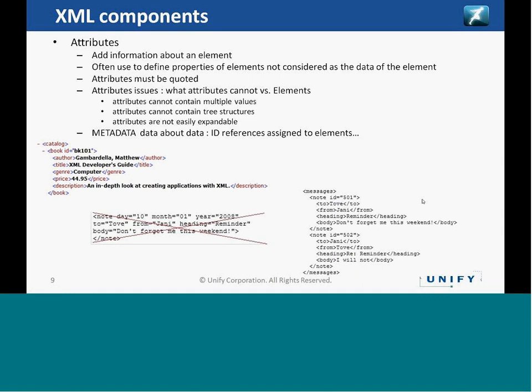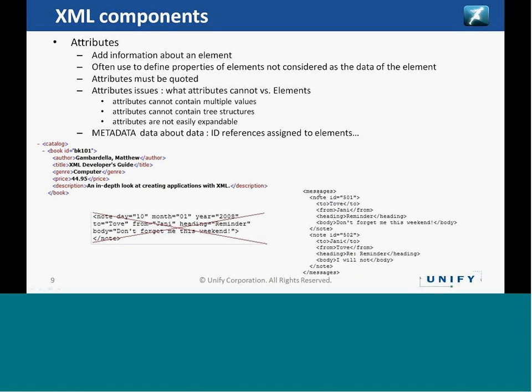Attributes are used to add information about an element, or to define a property of an element, and are considered the data of the element. Attributes must be quoted. Here I have an attribute. Generally, there might be some discussion as to whether it's good to use attributes. Here I have an example where the person made everything an attribute, and this is really bad.